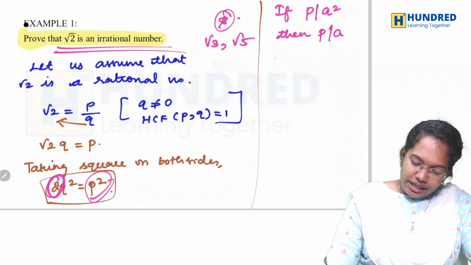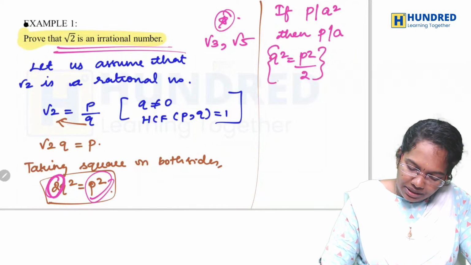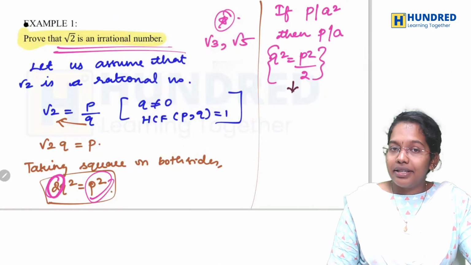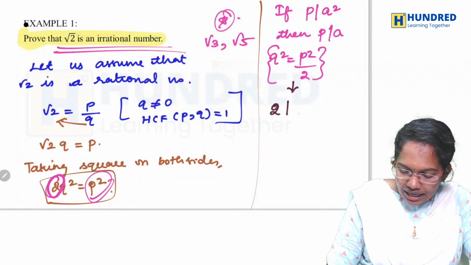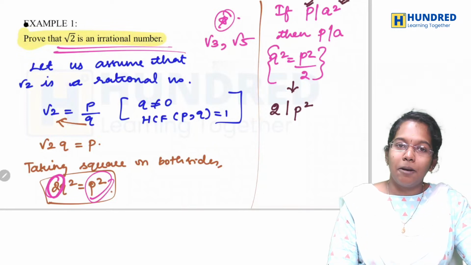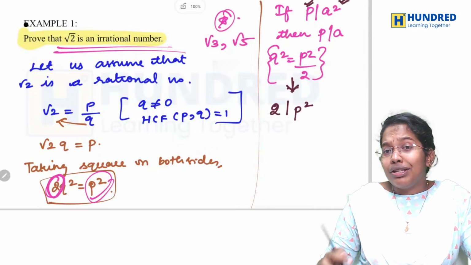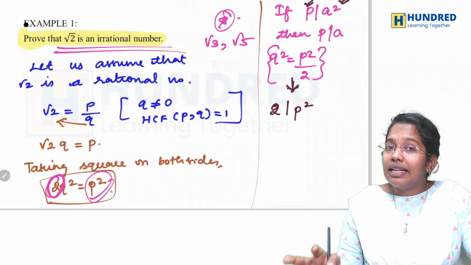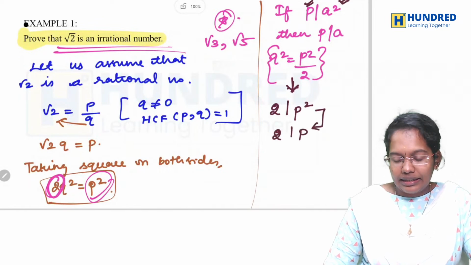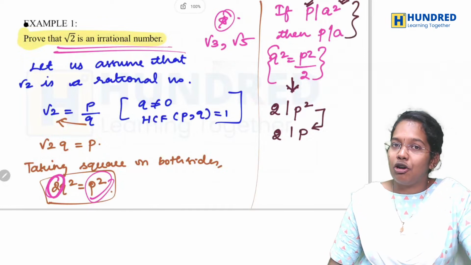Since p square is equal to 2 into q square, 2 is dividing p square, that is, this prime is dividing a square number. So the resultant thing is that 2 will also divide p. Why so? Because we know the theorem with this property.